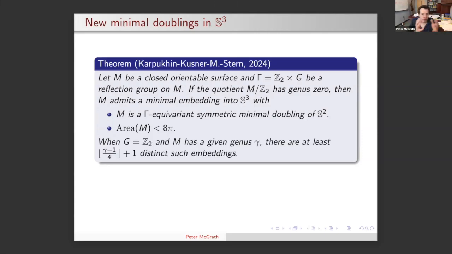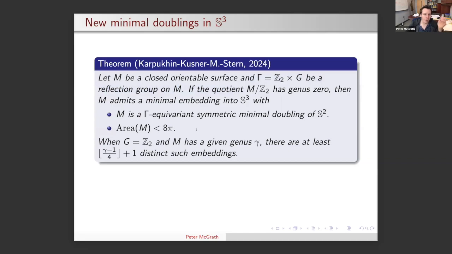Okay, and as you might imagine, if you begin to think about these assumptions and what they allow, they're quite general. There are lots and lots of these surfaces that are, at least at the level of equivariant homeomorphism, clearly different, so that they give rise to non-isometric different minimal surfaces.